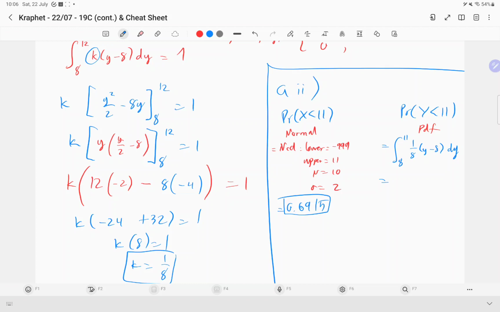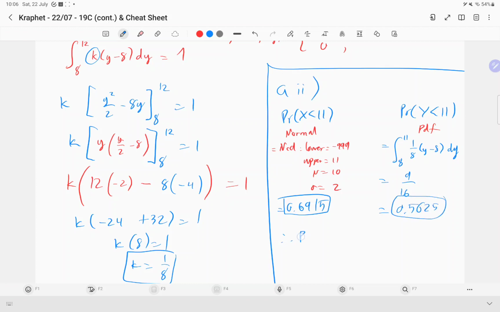That would be math anti-derivative of 1/8 of x minus 8, in the calculator you type x, from 8 to 11. The answer is 9/16, which is exactly 0.5625.